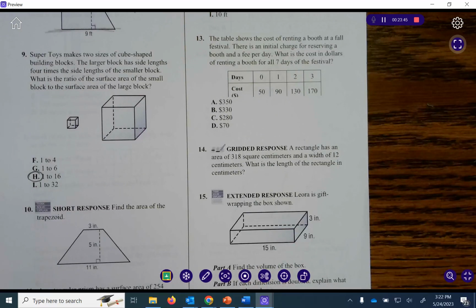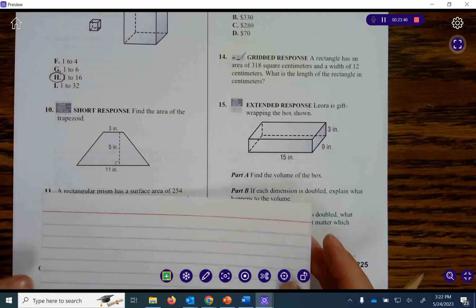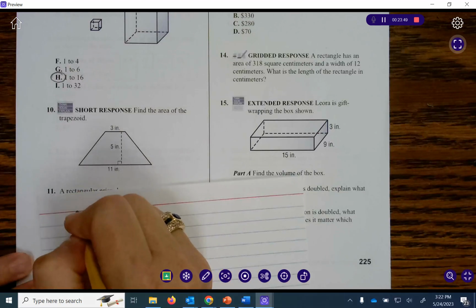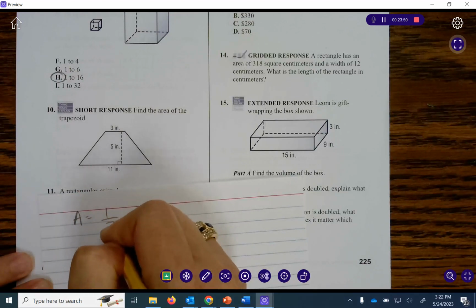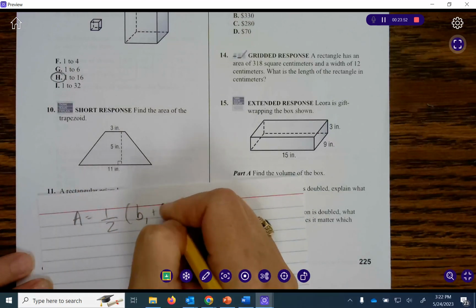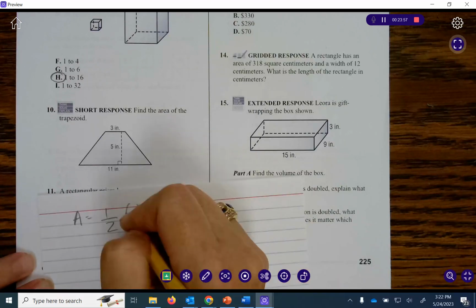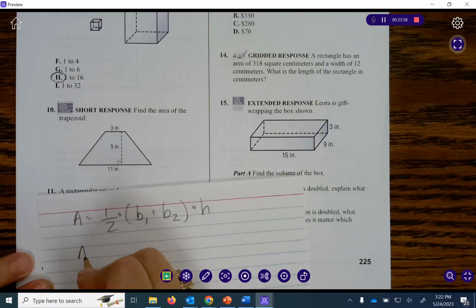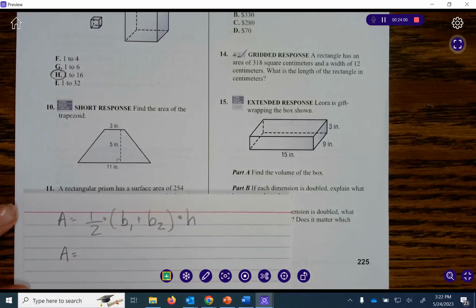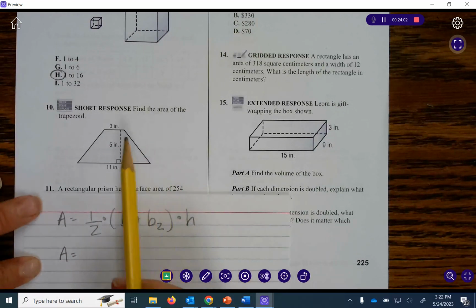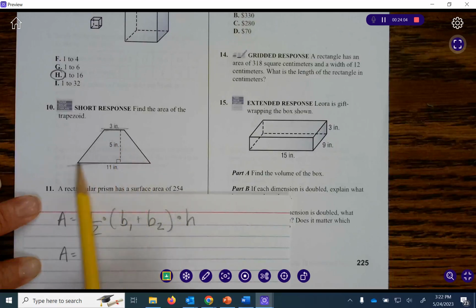We have another trapezoid question to find the area, and area equals 1/2 base 1 plus base 2 times the height. The bases are parallel to one another, so we have 3 and we have 11.